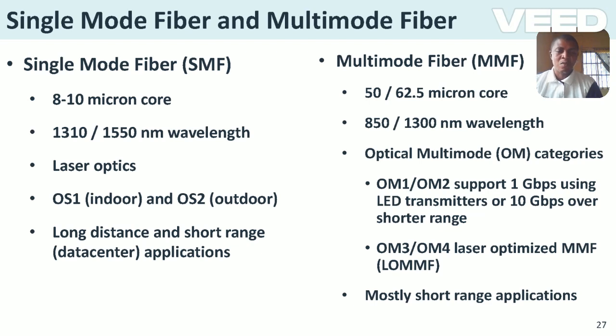The OM1 and OM2 support 1 gig using an LED transmitter, or 10 gig over short range. The other ones are OM3 and OM4, which use laser optimized MMF, mostly for short range applications.